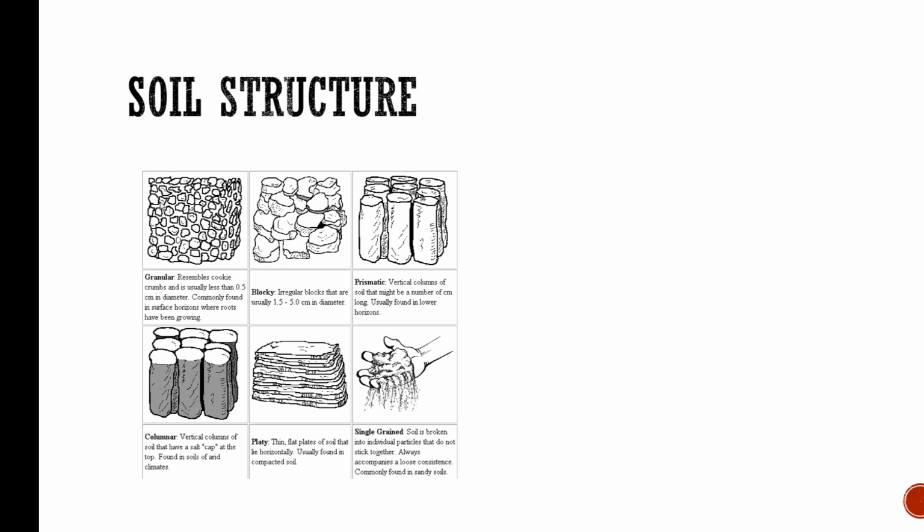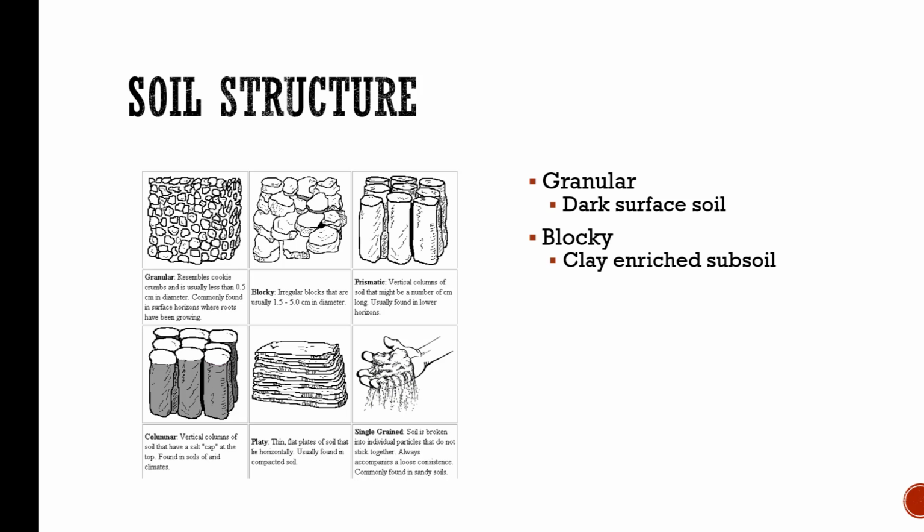Now there are different types of soil structure. Granular soil structure you're going to see in a dark surface soil. Blocky you're going to see in a clay-enriched subsoil, and you can see that that's not really a great way for water to penetrate. Prismatic, that would happen in subsoil of grasslands.